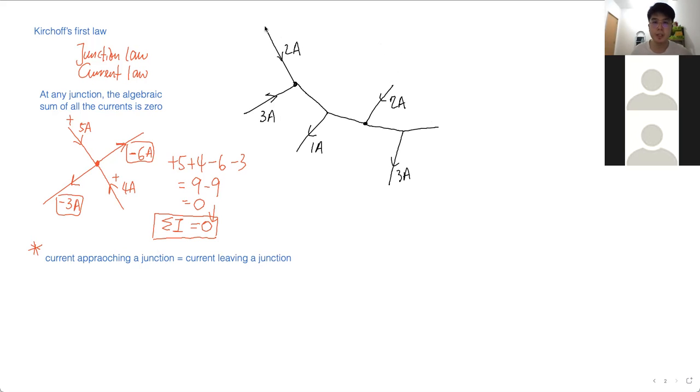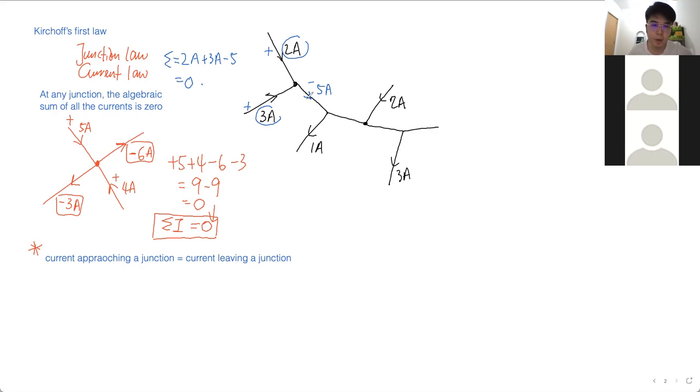Identify the current using Kirchhoff's first law. 2 ampere and 3 ampere are approaching this junction, and that equals the current leaving, so here is 5 ampere. For the sum, approaching is plus and leaving is negative: 2 ampere plus 3 ampere minus 5. The sum is also 0 at this junction.